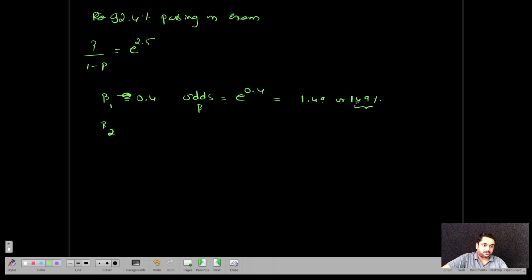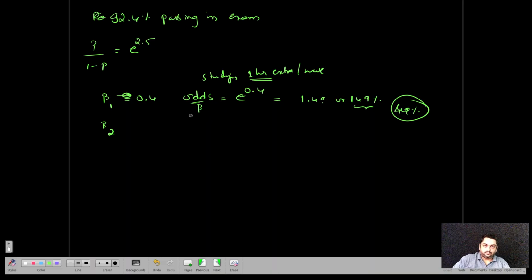That means if I study 1 hour extra per week, my passing odds will increase by 49%. 149 means 100 plus 49. So if I study 1 hour extra per week, the chances that I will pass will be 49% more. That is the concept of odds.